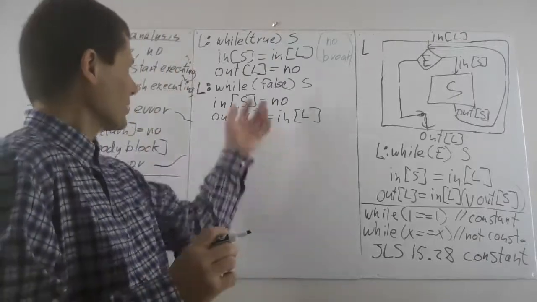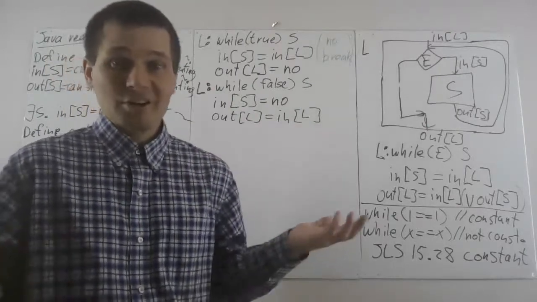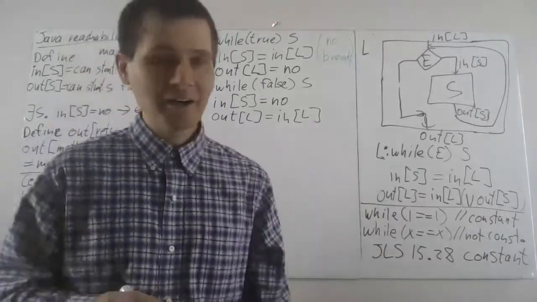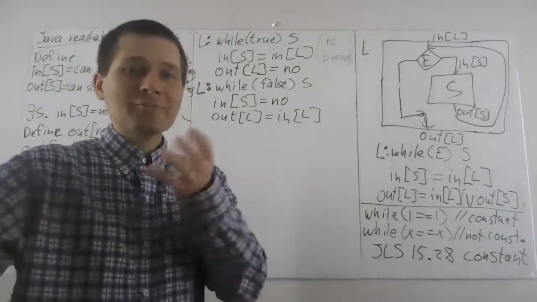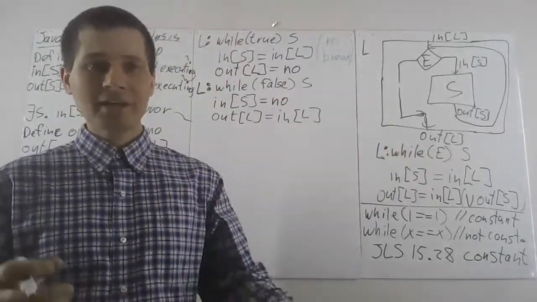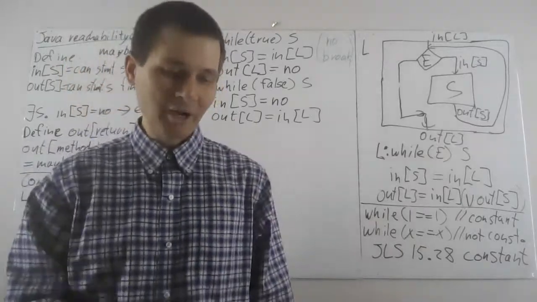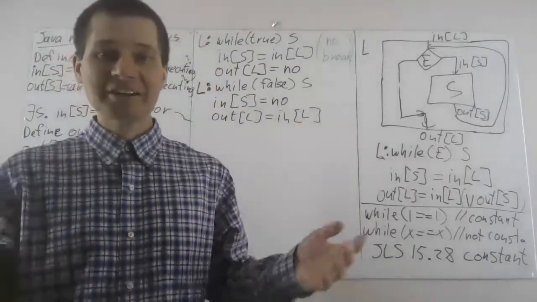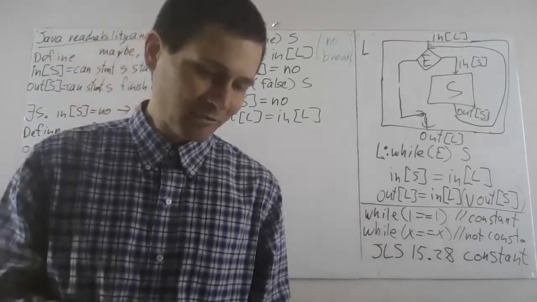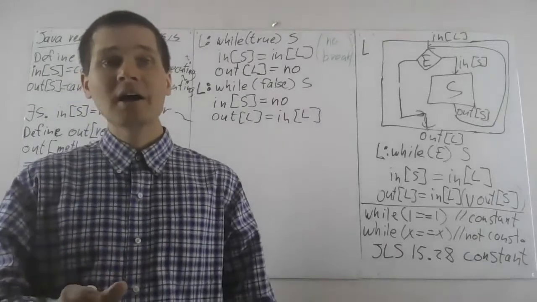And nobody ever writes while false, even though you could, right? I mean, while false and if false work the same way. But apparently, if you write while false, Java considers it a bug. If you write if false, then it considers it something that you're doing for debugging, and it allows it. So you can agree or disagree with that motivation, but that's what the rules of Java are.